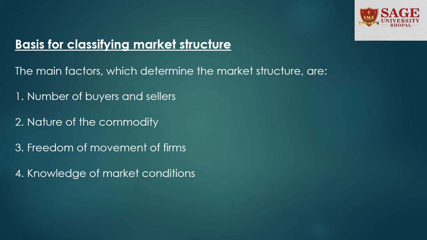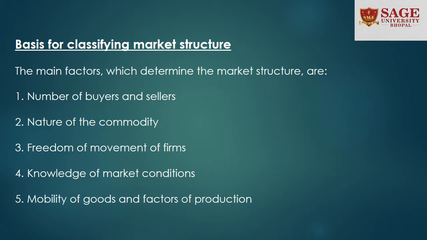Fourth is knowledge of market condition. If buyers and sellers have perfect knowledge about the market condition, then a uniform price prevails in the market. However, in the case of imperfect knowledge, sellers are in a position to charge different prices.